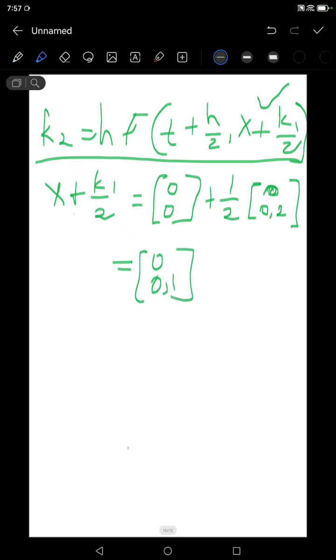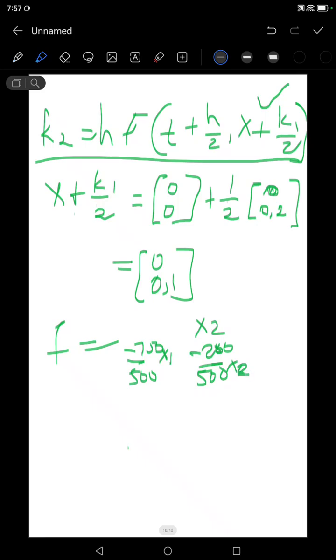So we have 0 and 0.1. After here, let's calculate the fourth f. Remember, f is x2 minus 750 x1 over 500, minus 200 over 500 x2, and then plus 2000 divided by 500.